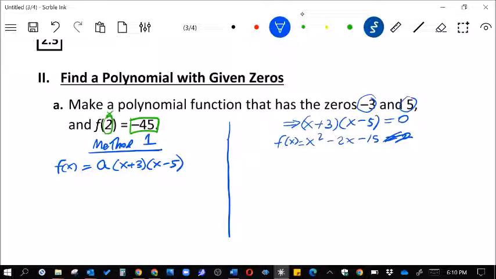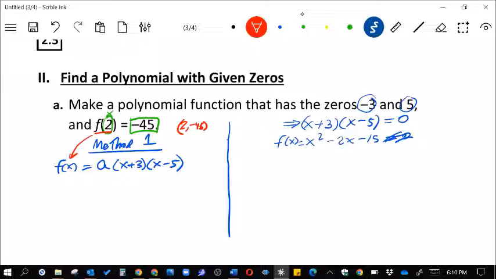Okay, so right now, though, we also know that the function at 2 would be equal to -45. That's essentially saying that there's a point on the graph where x is 2 and y is -45. Interesting. So it's a parabola, and at 2, it's way down, way low in the y values.